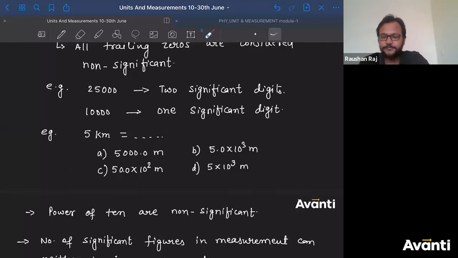Leading zeros are non-significant. And if you have some zero, and to the left of that zero you find any non-zero digit, then you consider that as significant. But here in your question, there is no non-zero digit to the left of it, and there is no trapped zero. So it's zero significant. All right, Kirtan.